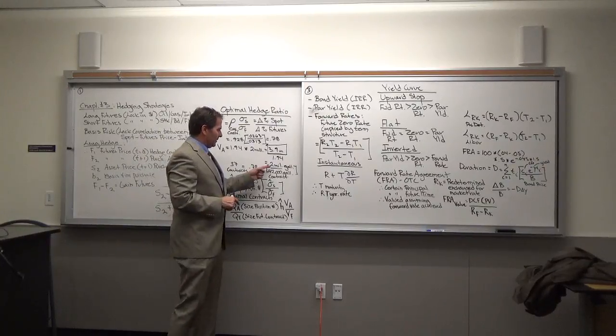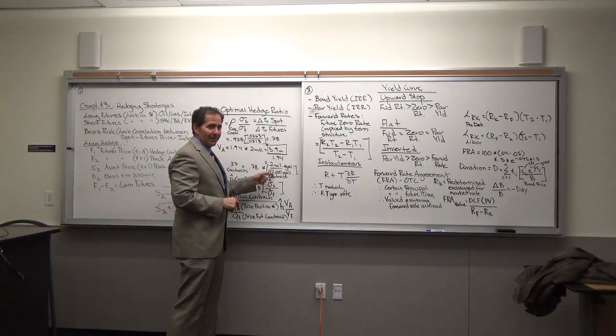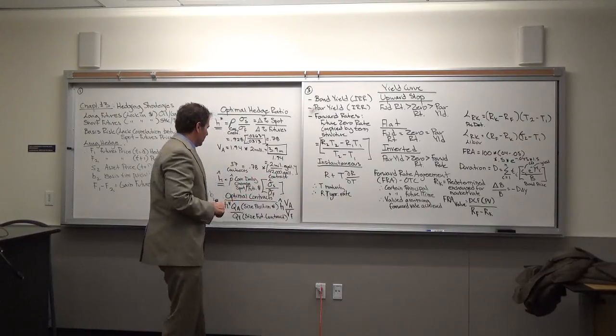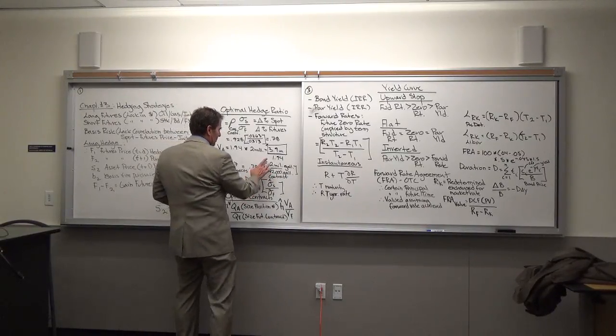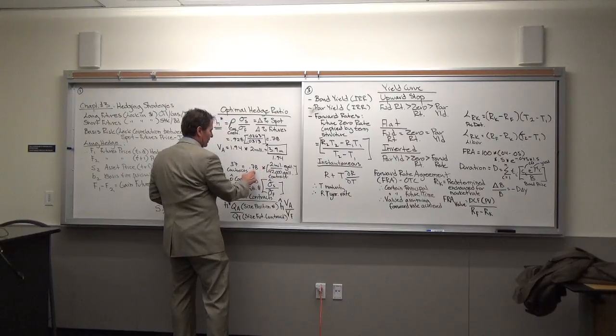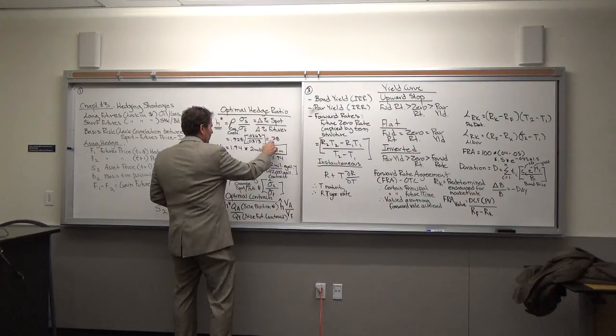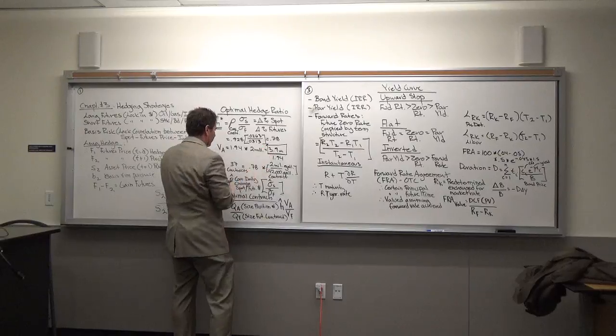The number of gallons divided by the number of gallons in each contract, times the correlation, or times the hedge ratio.